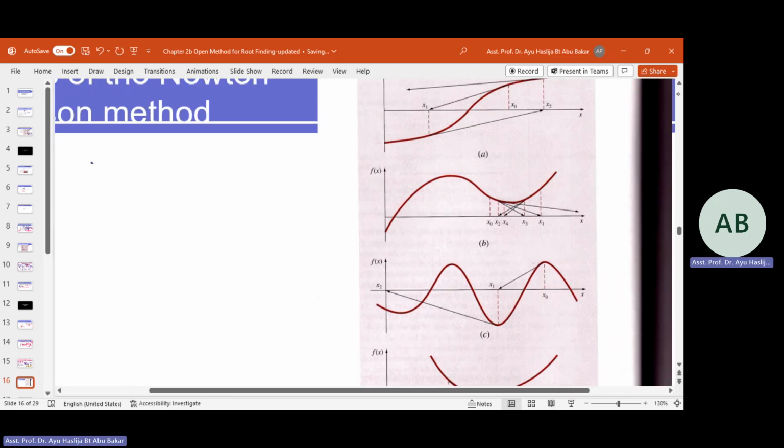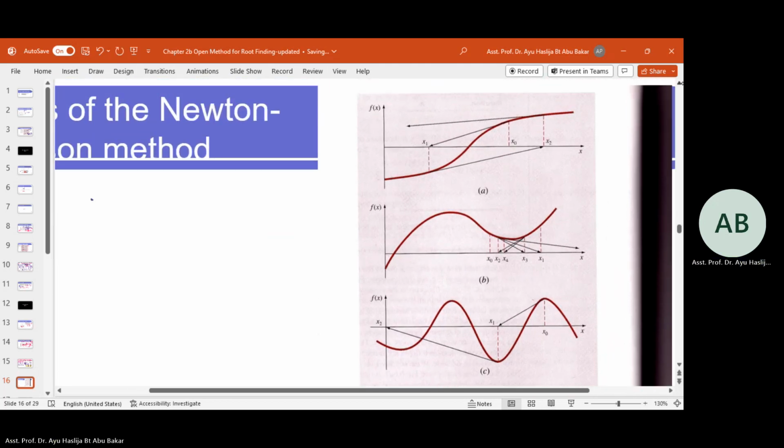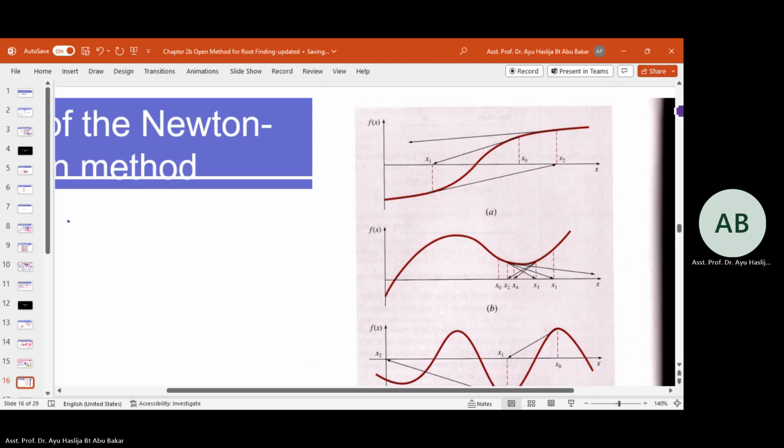Let's see here. This is the starting point, then this will be the f(x). From the slope here, it will direct x1 to this point.